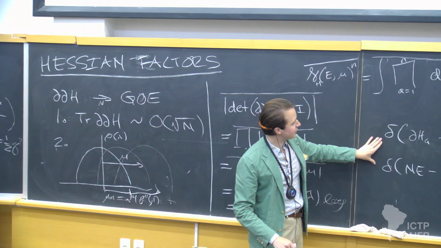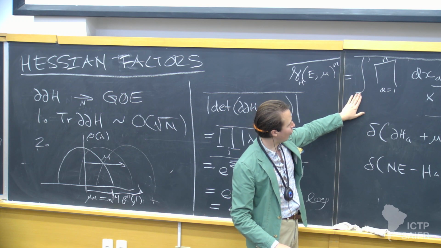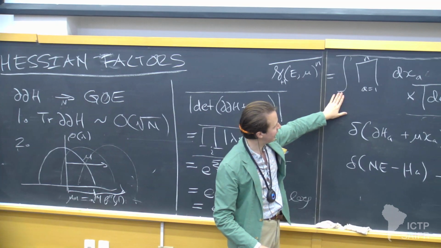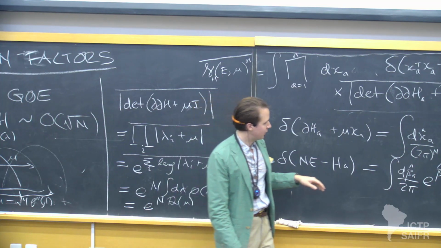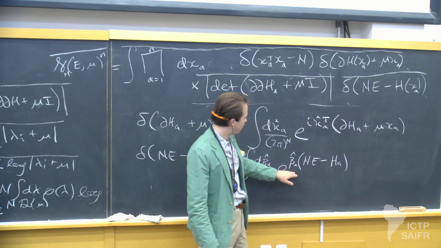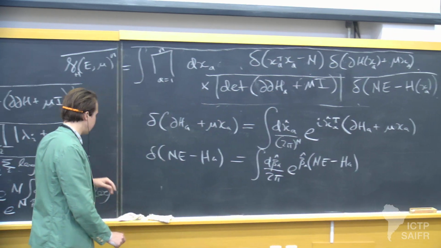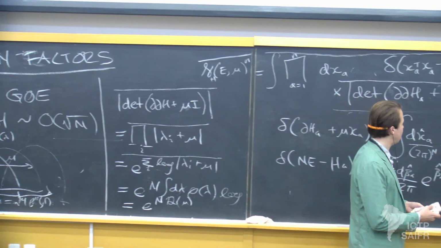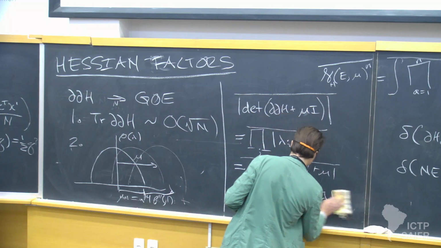But having done this, we now see something nice. Well, now we have an integral over a whole bunch of fields, 2 little n and some scalar fields left over, of exponentials that have a bunch of our fields in them, but which are linear in the HAs. And this is very nice because I'm going to save that board and go back to the Hessian and remove it.